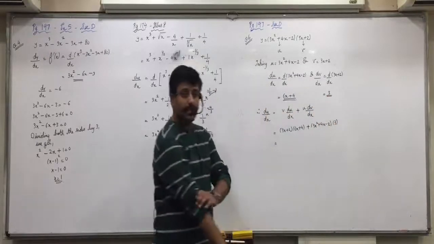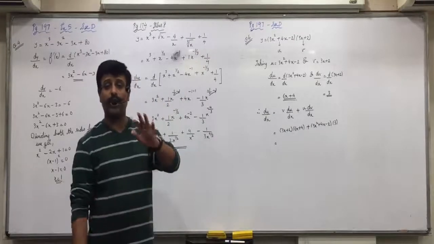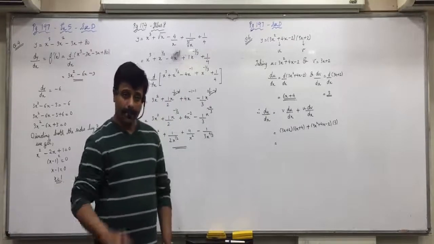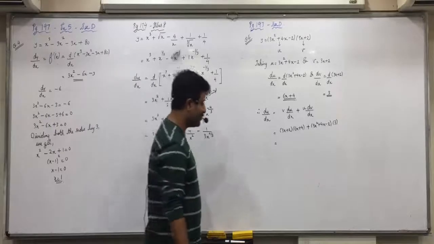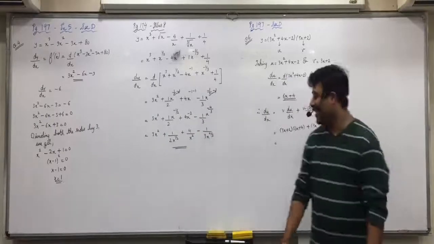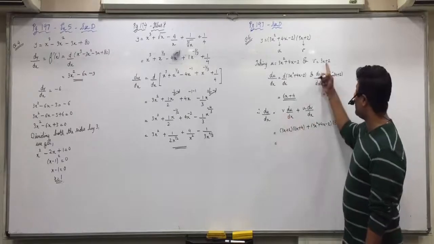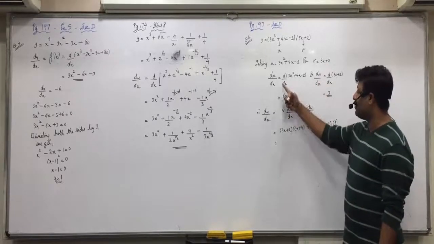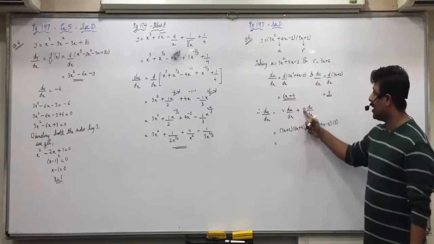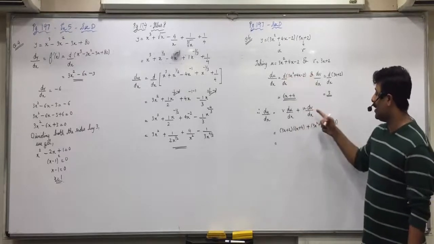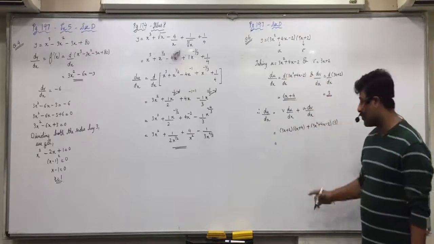Did you understand this? If anyone is not clear, you understand the alternative. So v into du/dx, we have just substituted v in place of v, du/dx in place of du/dx, u in place of u and dv/dx in place of dv/dx.